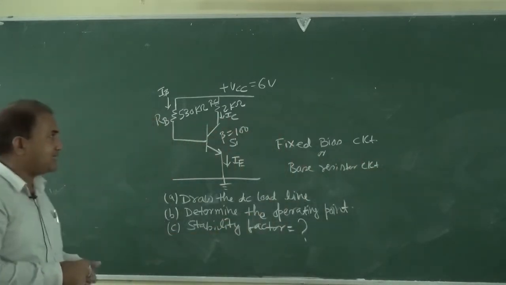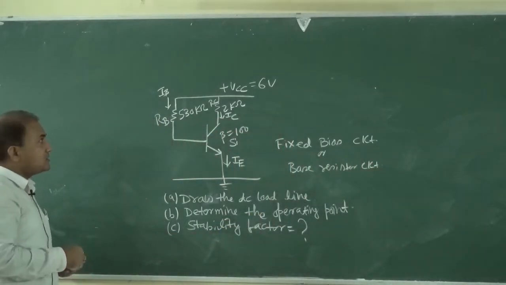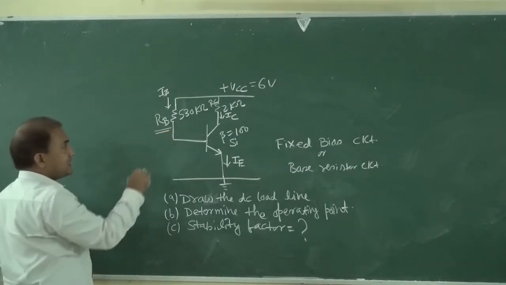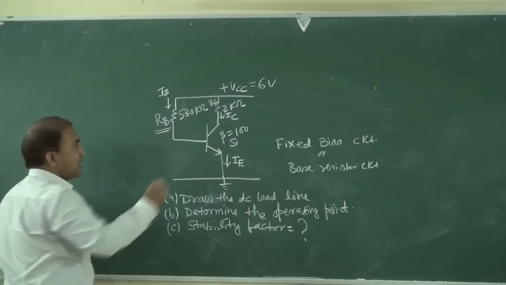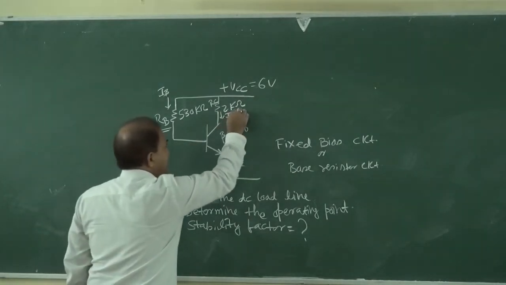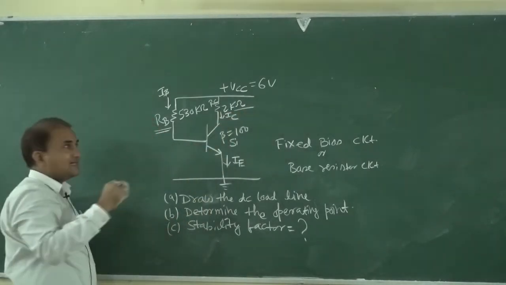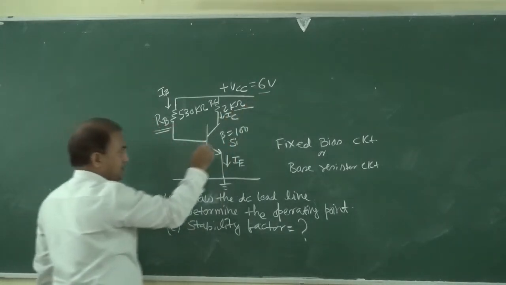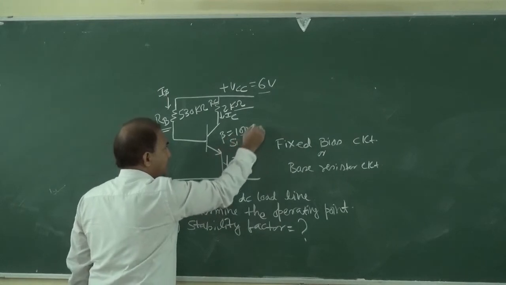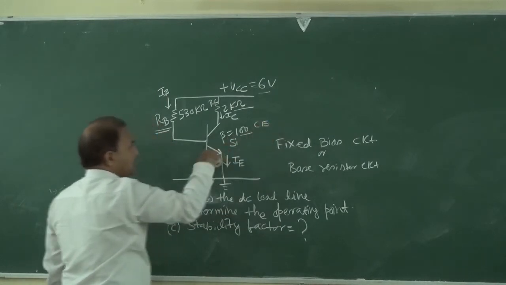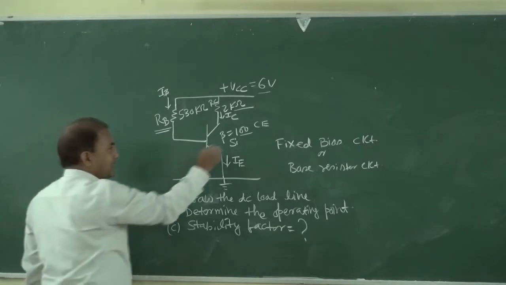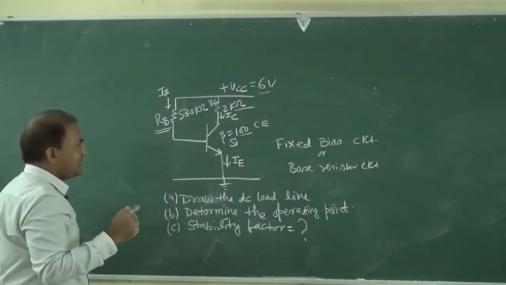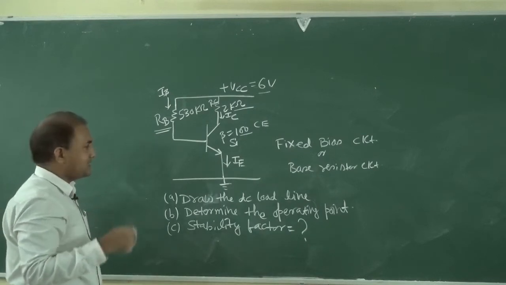In this figure, RB is given as 530 kilo ohm, RC is 2 kilo ohm, and VCC is 6 volt. Beta of this transistor is 100, and it is in common emitter mode. This is a silicon based BJT transistor.